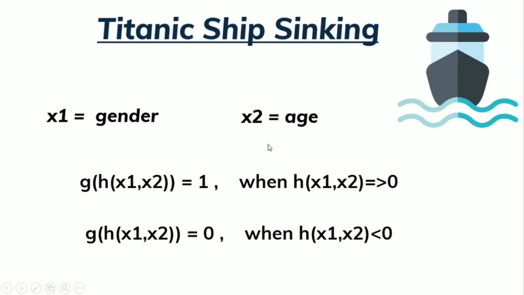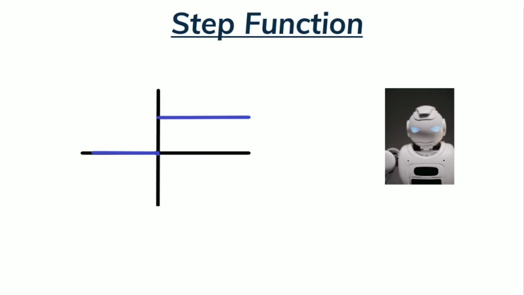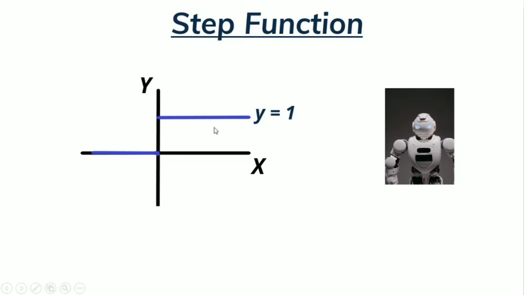It can be only 0 or 1. This kind of function is called a step function. Through this graph we can easily represent the step function. The value of the step function is equal to 1 in the positive direction and 0 in the negative direction. I hope you have understood everything up to this point.